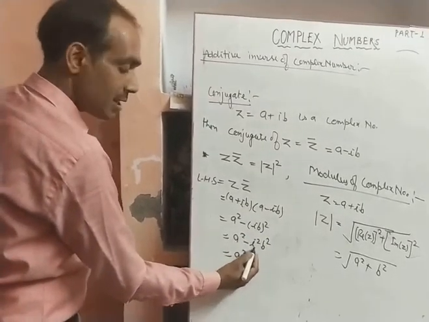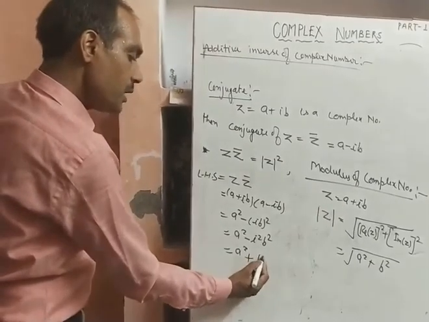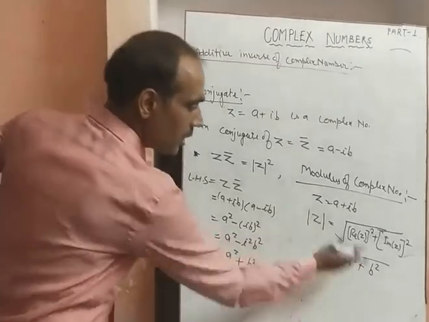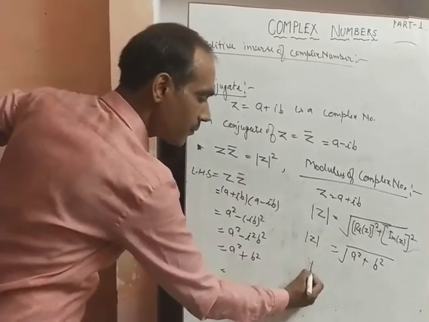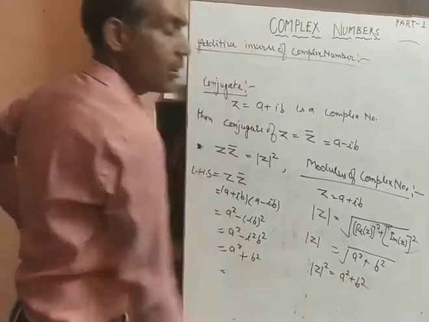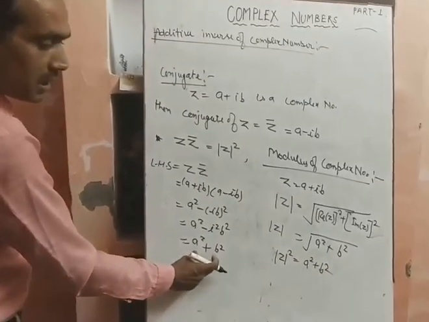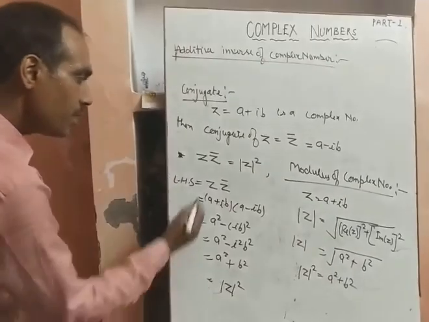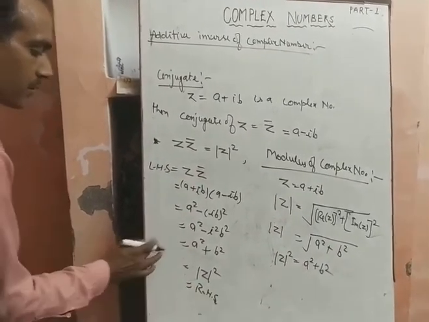Since i square is equal to minus 1, this is a square plus b square. And mod z equals the square root of a square plus b square. If we take its square, it is equal to a square plus b square. Now a square plus b square is equal to mod z square, which is our RHS. Clear?